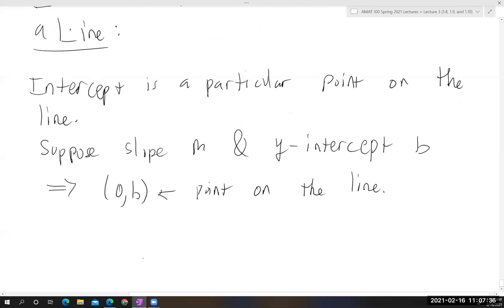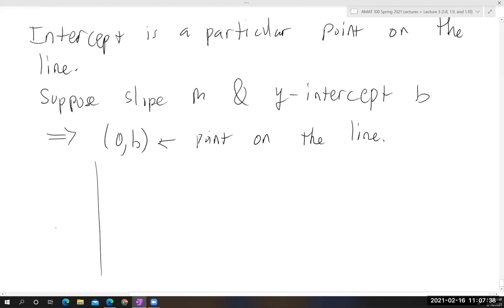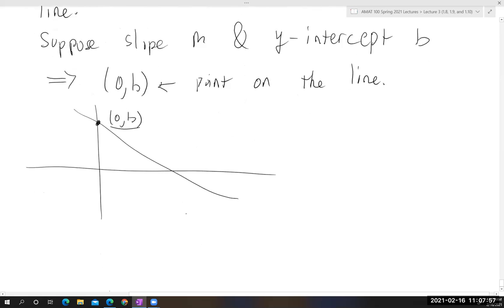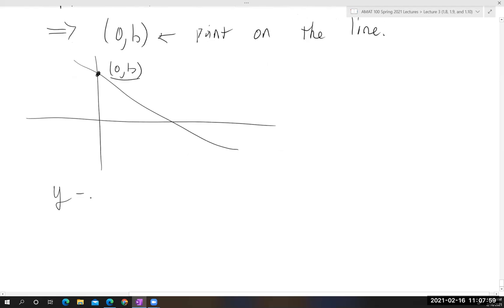So for example, maybe you have something like this. This would be your point (0, b) here. Suppose all you're given is the slope of this line and this point right here. You can still determine the equation of the line. If you remember our formula, y is equal to m times (x minus x1) plus y1.